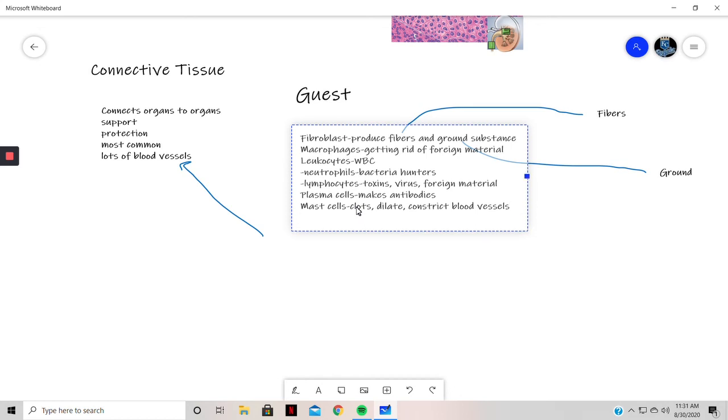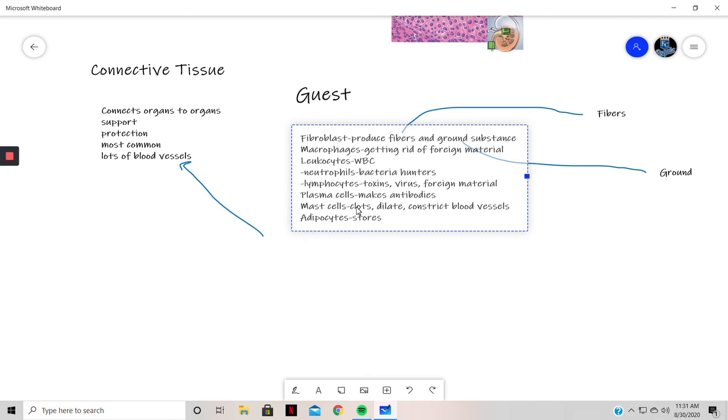Okay, the next player, the next guest in the connective tissue, last one, and that's the prefix of the word. So anytime you see that, okay, I'm just looking at my notes here. Adipocytes. Had 3 thoughts there at one time.